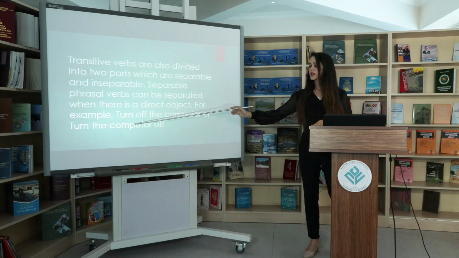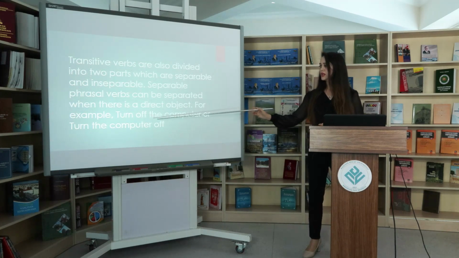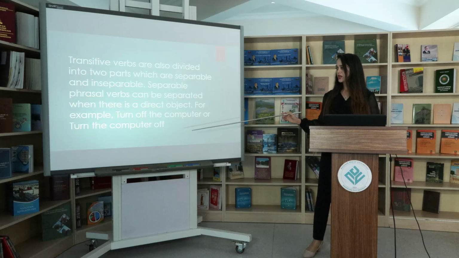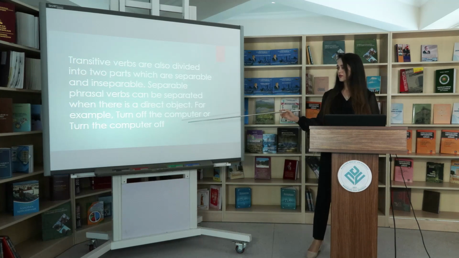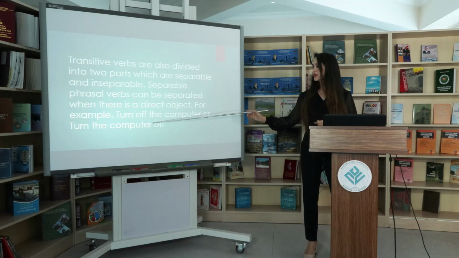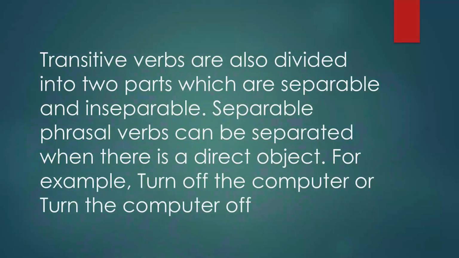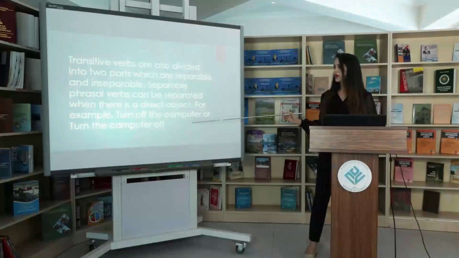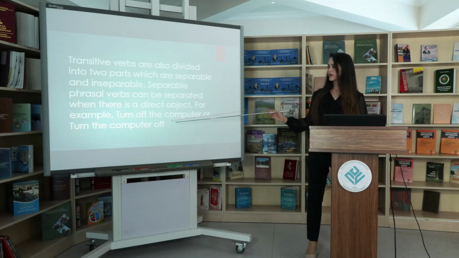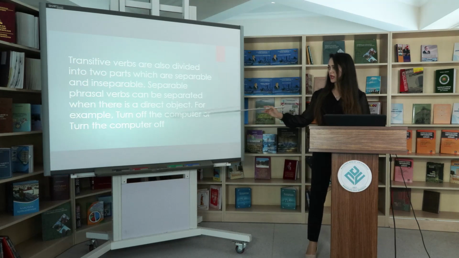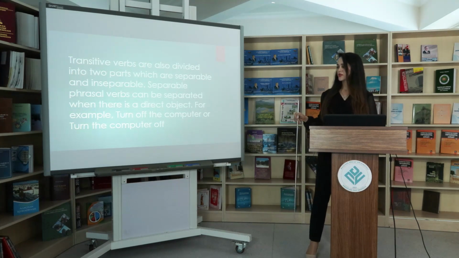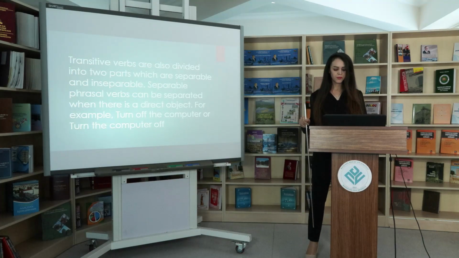Here the computer is a direct object. It's a noun functioning as the object. So we say turn off the computer or turn the computer off. This phrasal verb, turn off, is a separable phrasal verb.